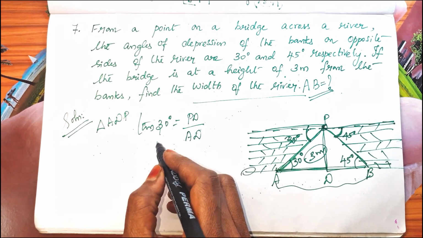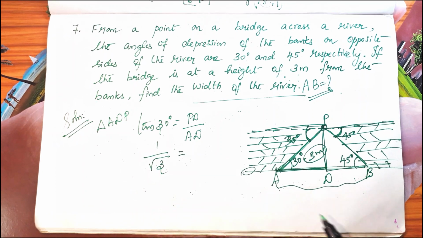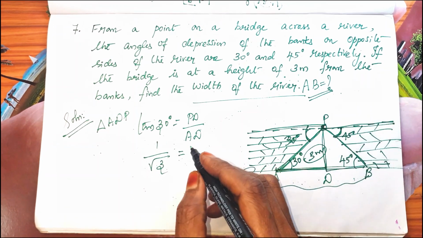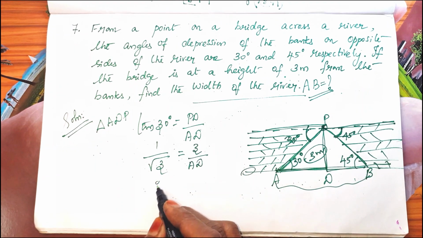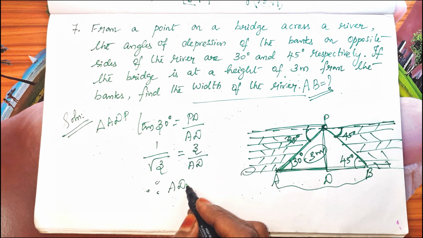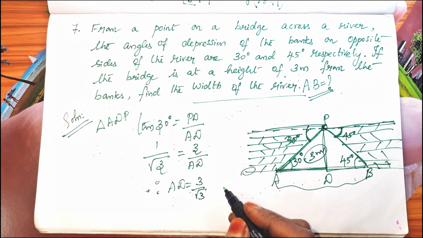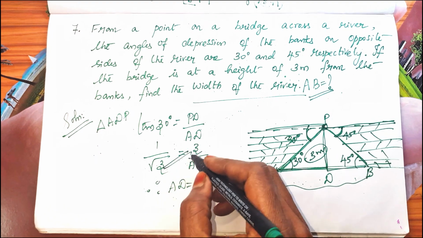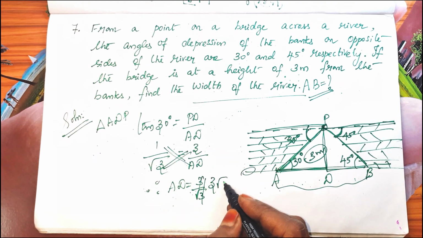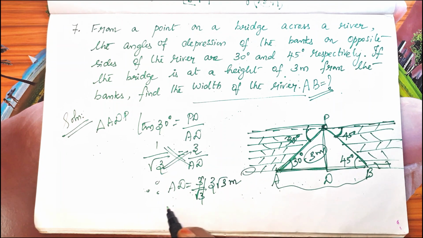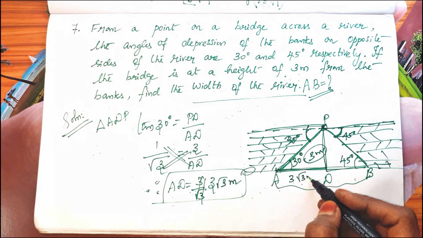Tan of 30 degrees we already know, it is 1 by root 3, which is equal to PD, the height, which is 3, by AD. Therefore, AD is equal to 3 by root 3, which is, multiplying, 3 into root 3 meters. So AD distance we got as 3 into root 3 meters.